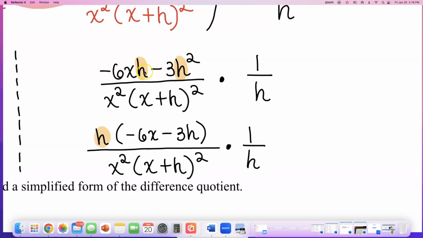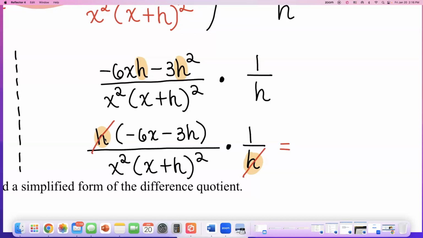Okay, I factor out the h to the front because now we can cancel out this h on top and h in the bottom. So let's write our final answer.